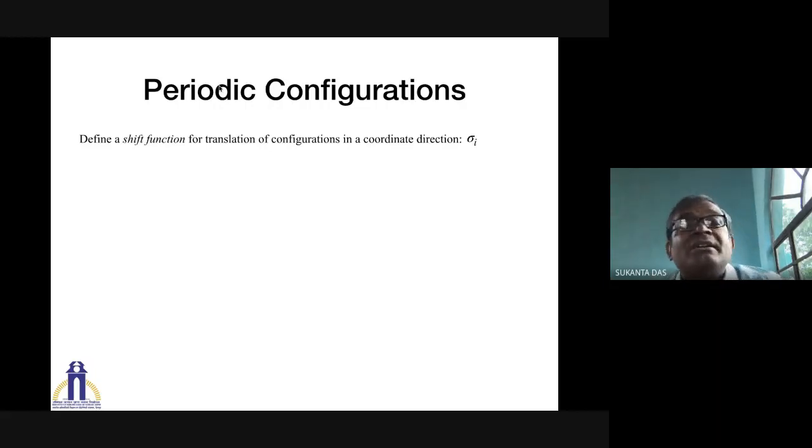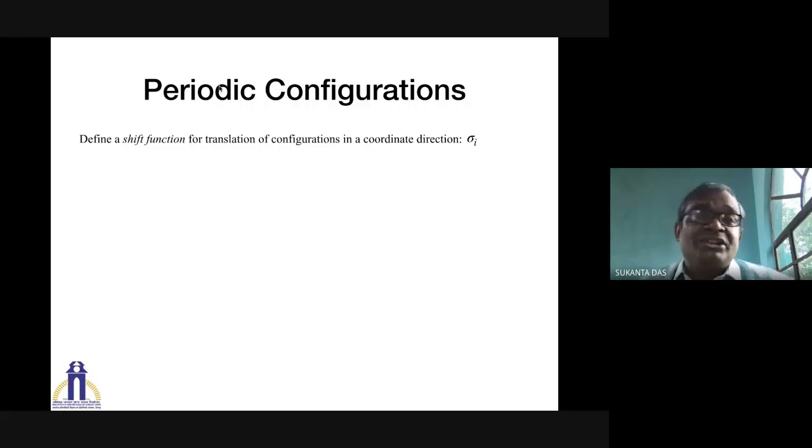Now come to the next special type of configuration, called periodic configuration. Before defining it, let us define a shift function. As its name suggests, in the one-dimensional case it just left shifts, nothing else.